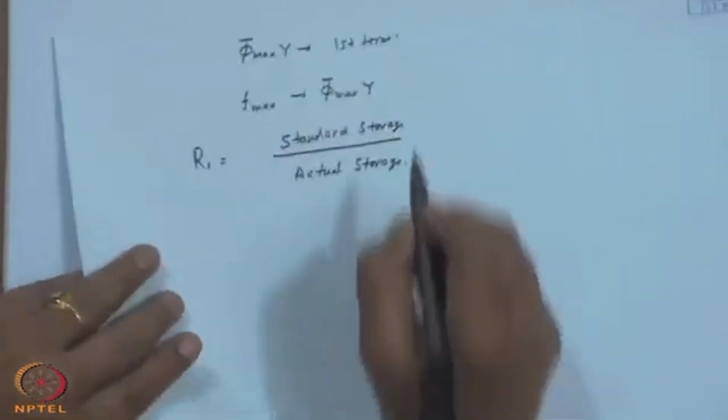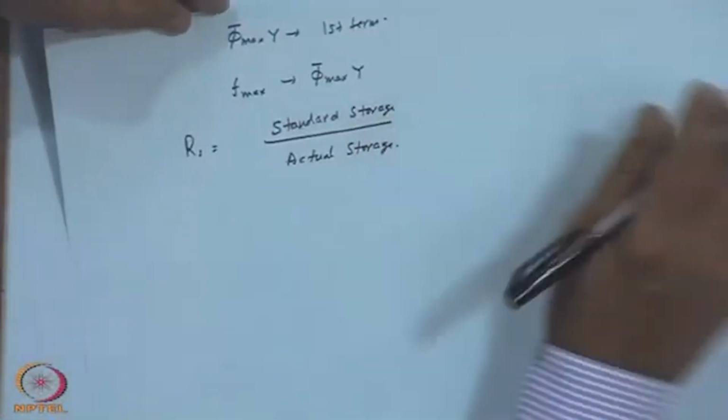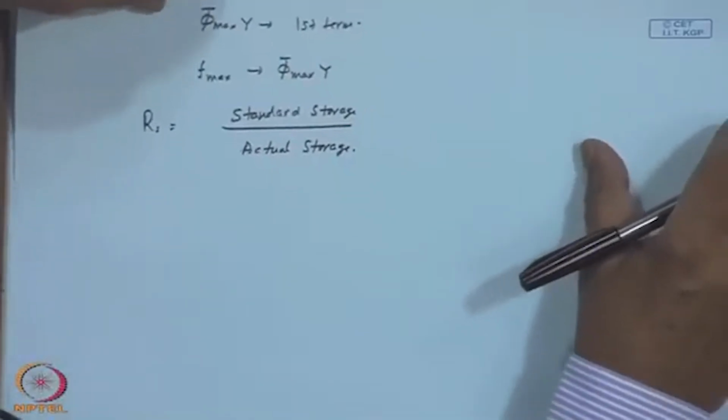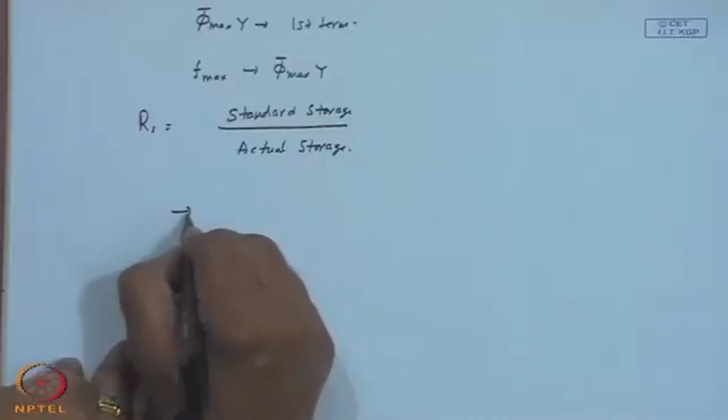Okay. Unlike in the F chart correlation, where the storage size is not explicitly present in the correlation, and x or y has to be corrected depending upon whether the storage is standard or different, in this case that is included in the correlation itself. The other little uncomfortable aspect is this is an implicit relation.